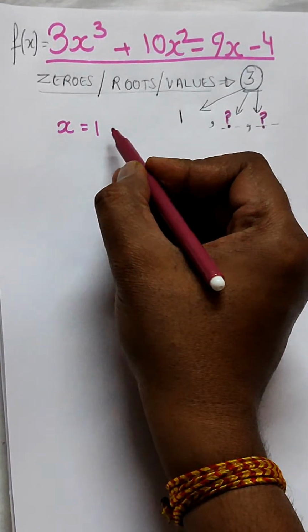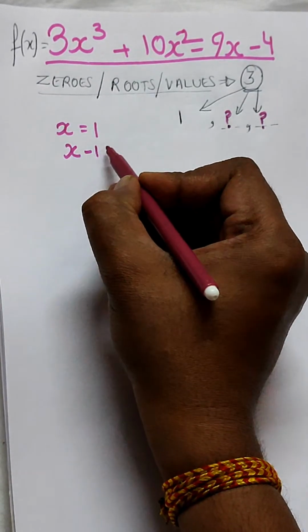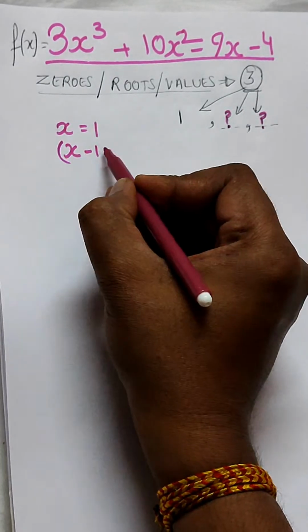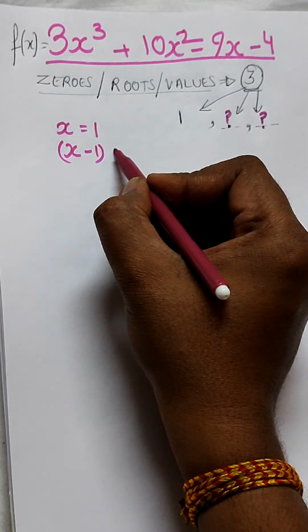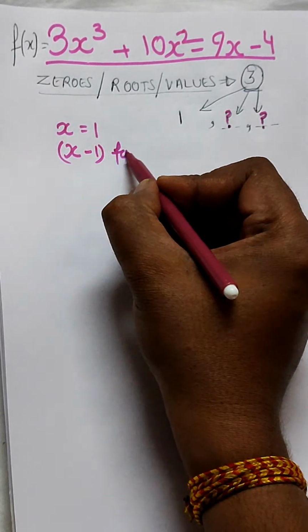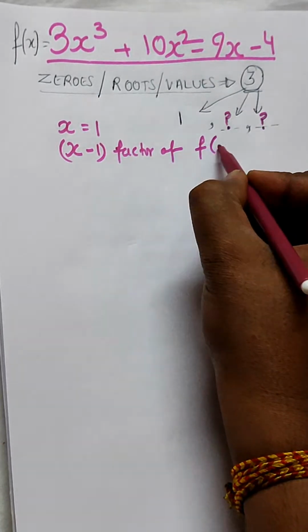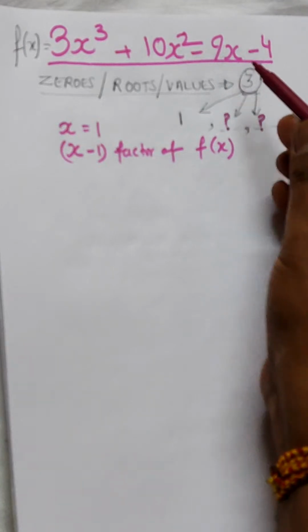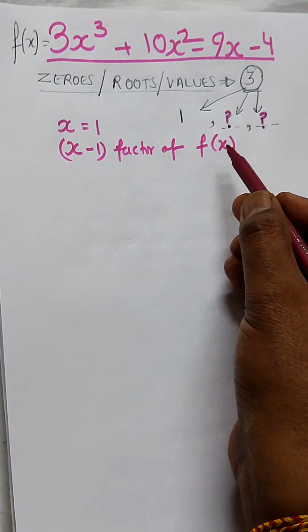Since x equals 1, that means x minus 1, when 1 goes to the LHS, x minus 1 will be a factor of what? f of x, this polynomial. So x minus 1 is a factor of f of x, right?